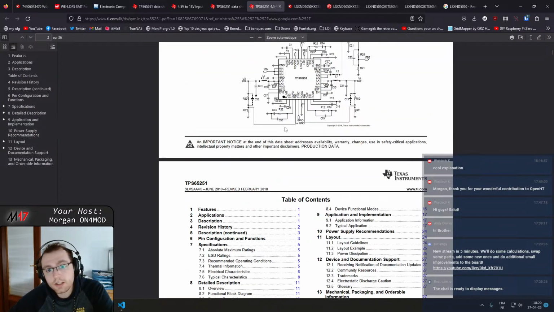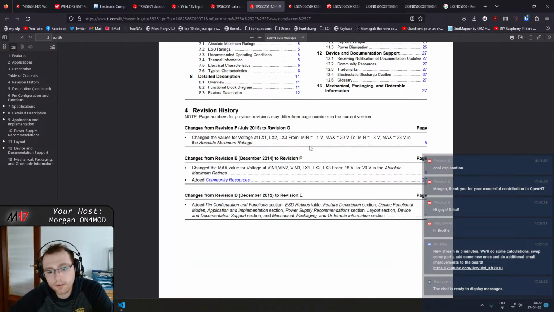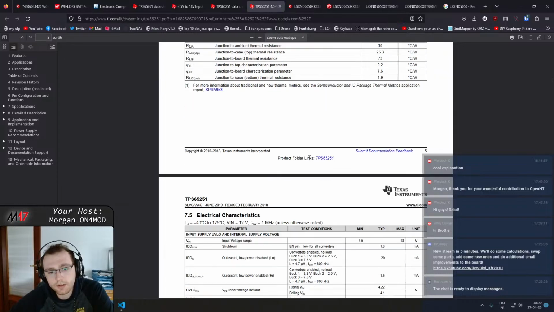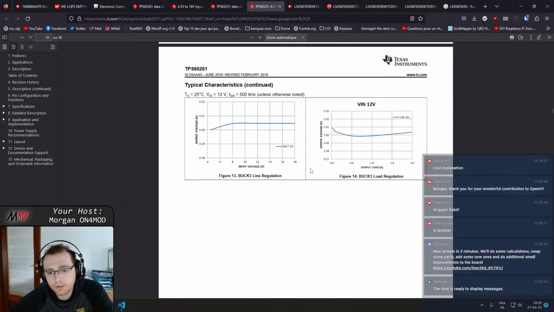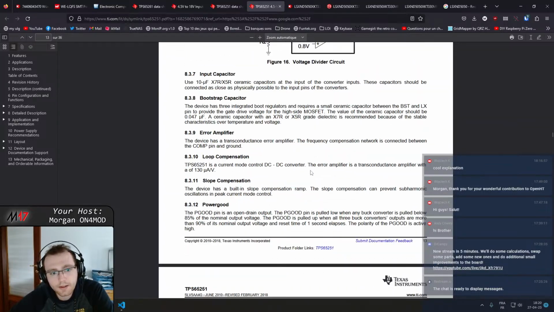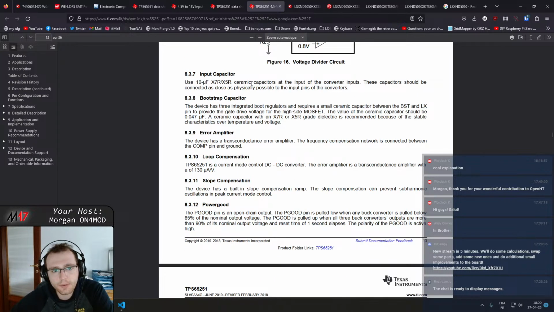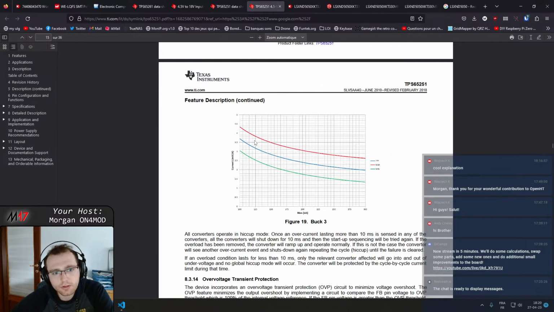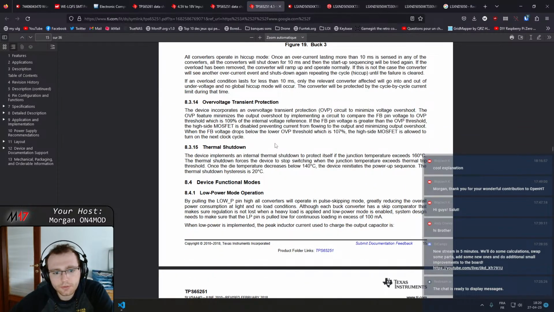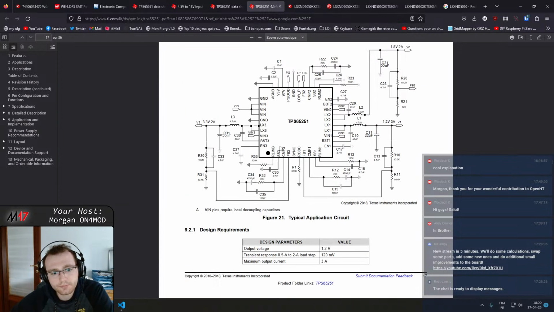Okay, the datasheet is kind of the same, basically, just different values, different names, different graphics, blah blah blah. Output voltage, you can see that also here that they give you the equation for the resistor, but they don't speak about the capacitor, except of course for the output and input capacitors, which are different from what we are talking about.